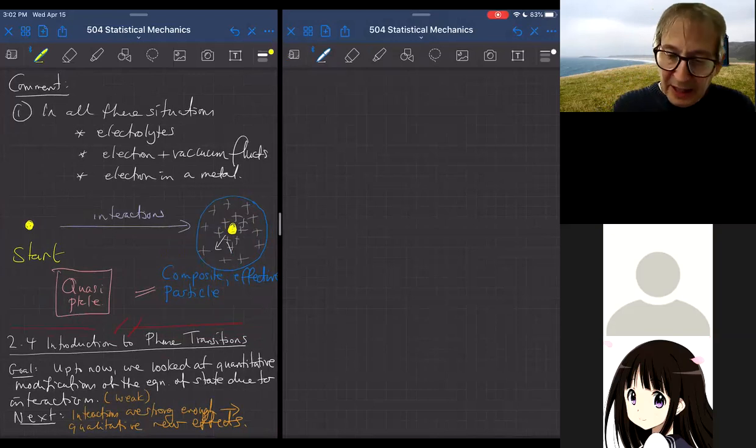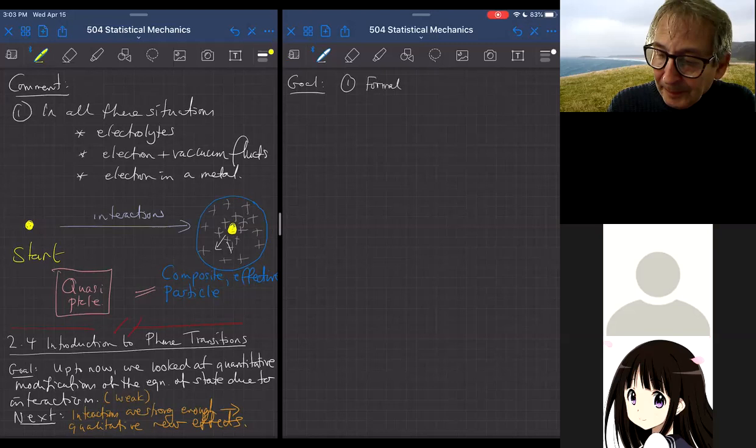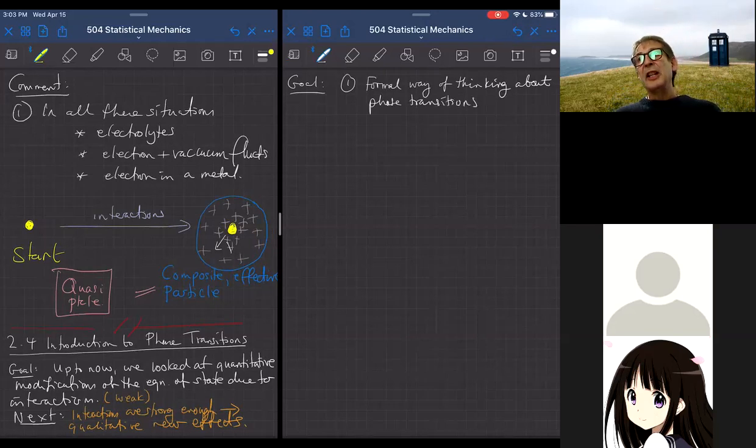So what we're going to do in this section then is we're going to look at this in two ways. One is a rather formal way. And this way of thinking about phase transitions is a way that is rooted in the fact that they reflect non-analyticity in the statistical mechanics.